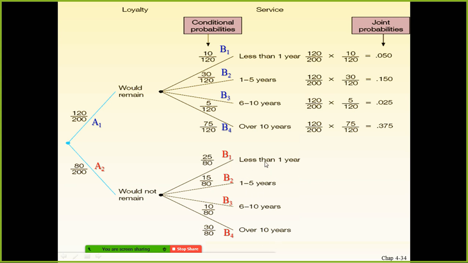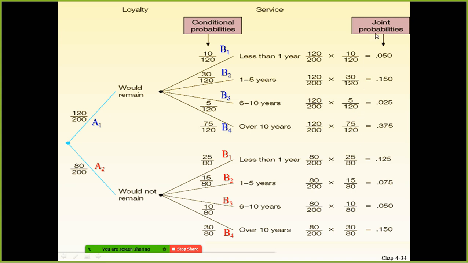In this case, B1 less than 1 year, 25; B2 1 to 5 years, 15; B3 6 to 10 years, 10; B4 over 10 years, 30, under the condition of A2. That's why when we take the probability of A2 multiplied by the probability of B under the condition of A2, this is called joint probability.